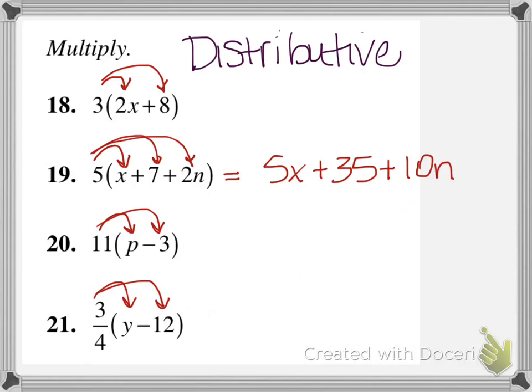So let's look at this next one. 11 times p is 11p. 11 times negative 3, that's a negative because it's a minus, is going to give me a negative 33, or a minus 33. So that's how the distributive property works. Be careful of your signs. That's probably the number one thing I see students do incorrectly, so just be aware of your signs.